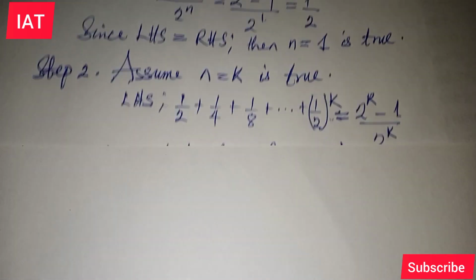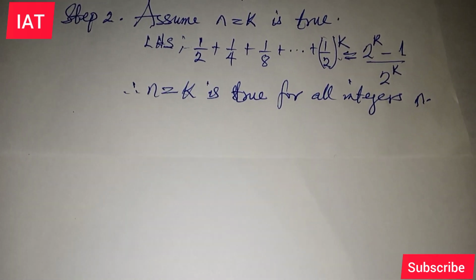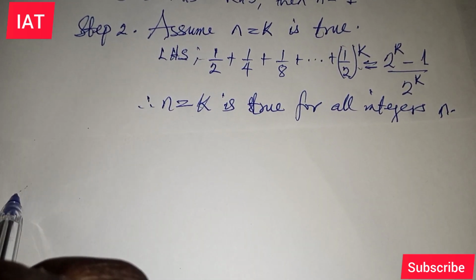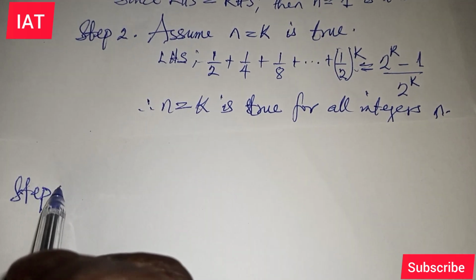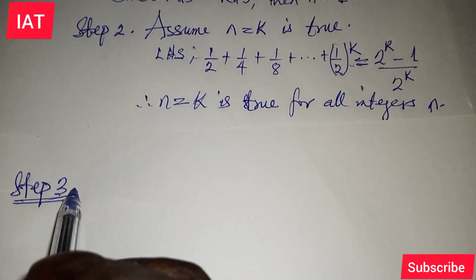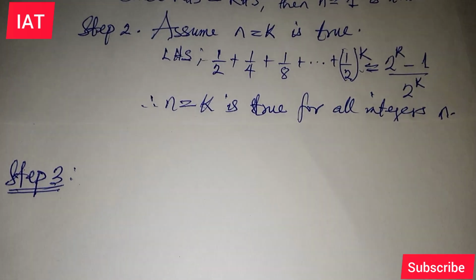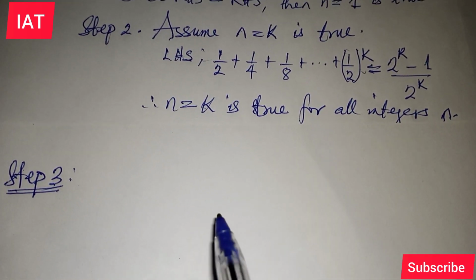The last step is step 3, where we prove that the right hand side is always equal to the left hand side. This is essentially where some students usually have issues, but let's see how we can break the barrier with this question.